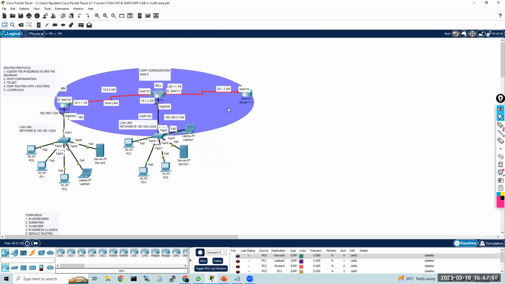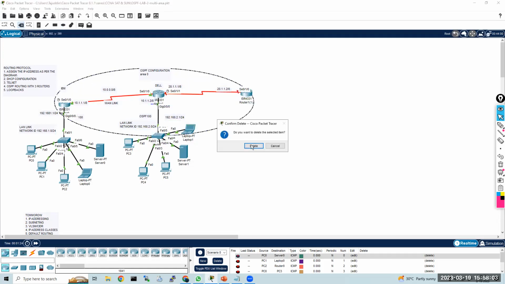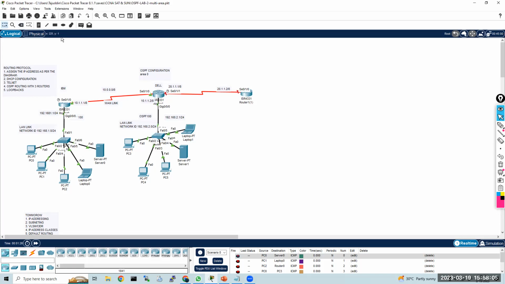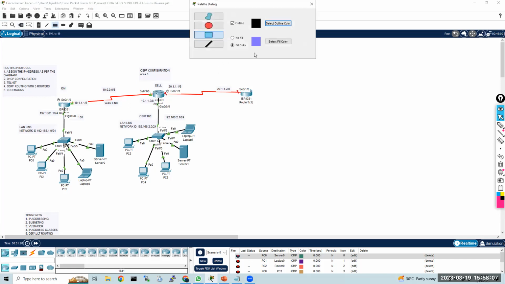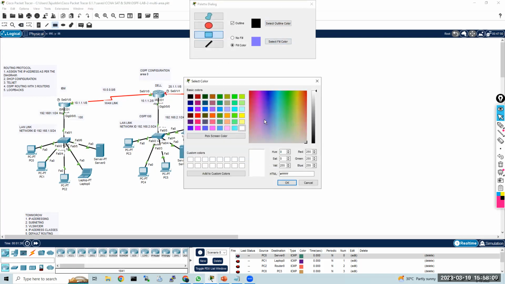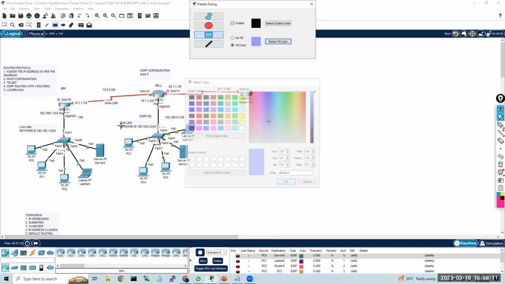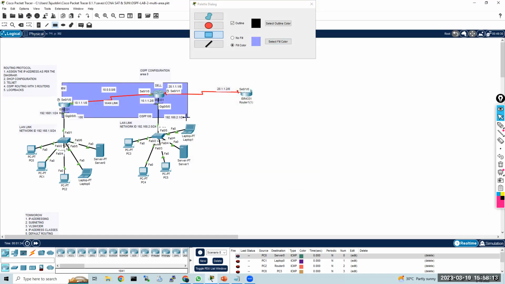Okay, this is not a perfect color. Let it take the square box. So up to here is area 0.